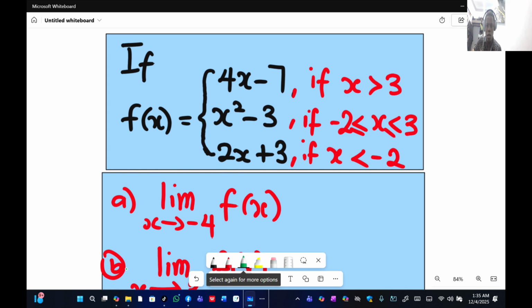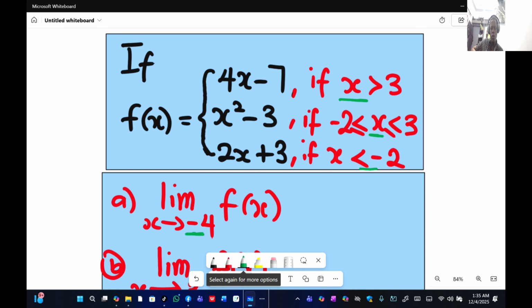When you take the first one, x is greater than 3. There's no way negative 4 will be greater than 3, so this part doesn't match. For the second one, x is greater than or equal to negative 2, but negative 4 is less than negative 2, so it's not possible.